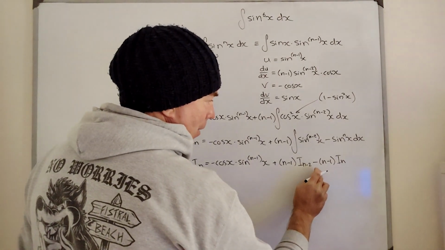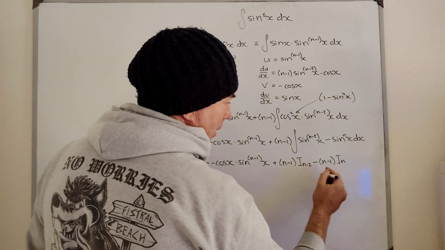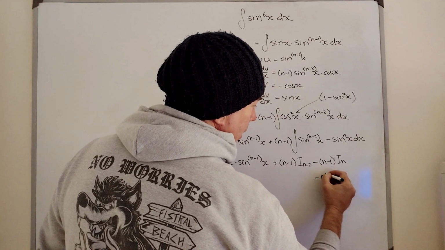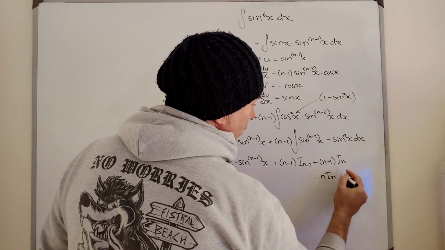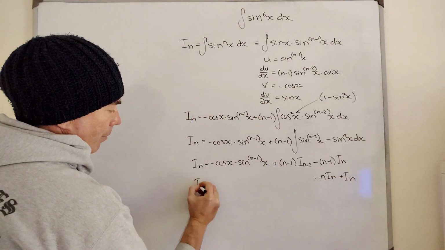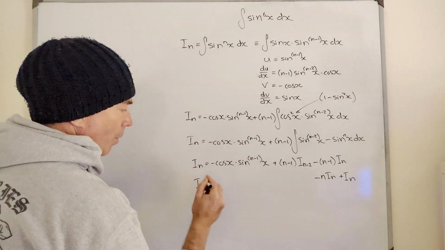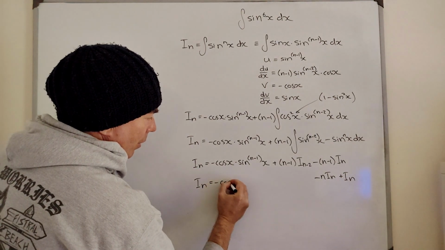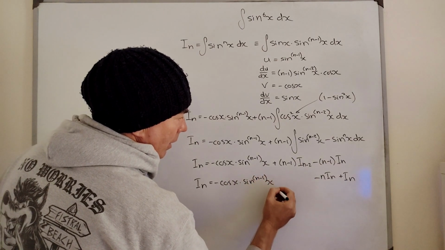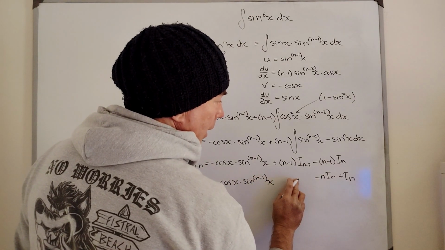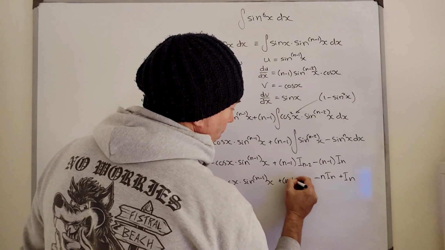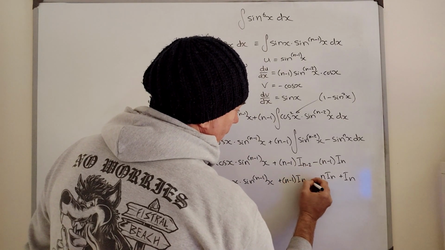If I expand this out, I get minus n negative negative plus I_n on the right hand side. I_n obviously is what we're after, negative cos x times sine^(n-1) x. And if I multiply this out, I've still got my plus. I'm not going to multiply that, I'm going to leave it as that.